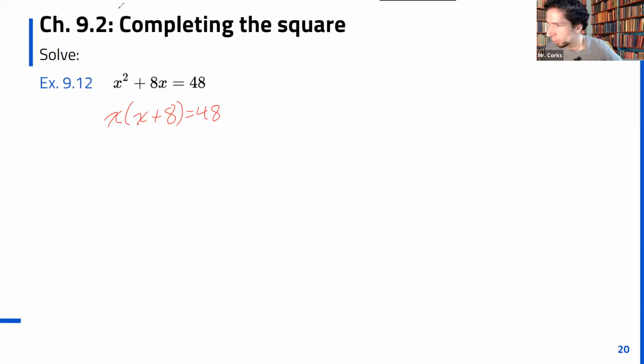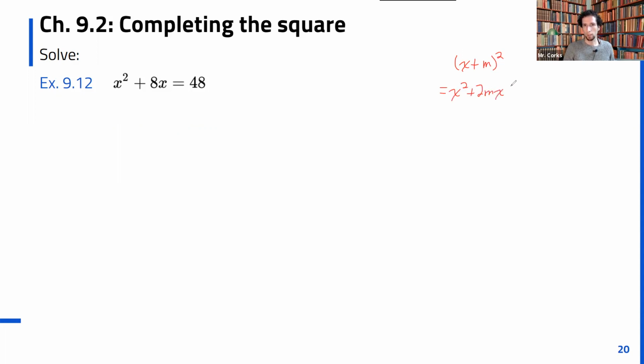Okay, I'm sure when I show you completing the square, a bunch of you will remember it, but maybe you just haven't heard that term for it before. So we're going to use the pattern that we saw before, where again we had x plus m squared equal to x squared plus 2mx plus m squared. But like we did before, we're going to go from the bottom one up to the top one, try to work backward like that.